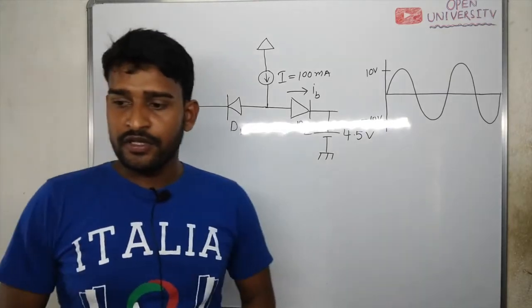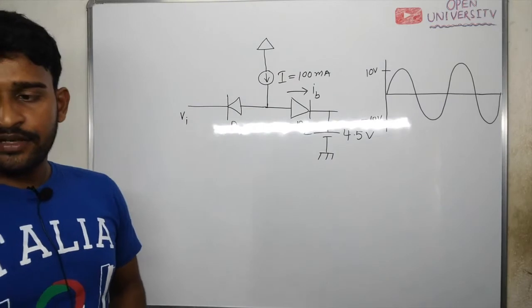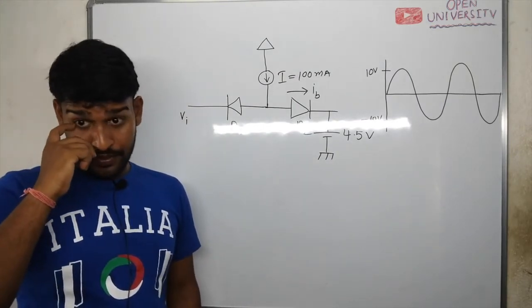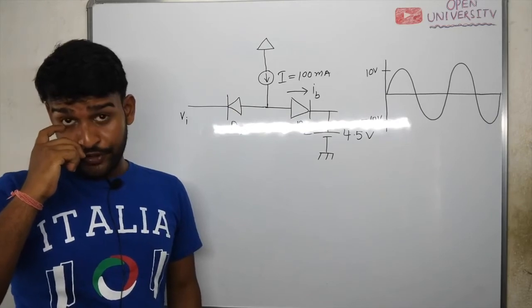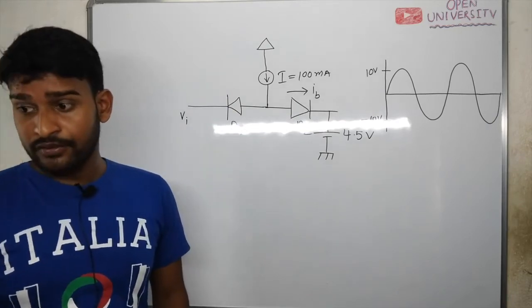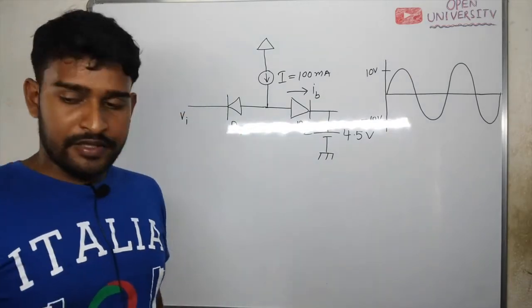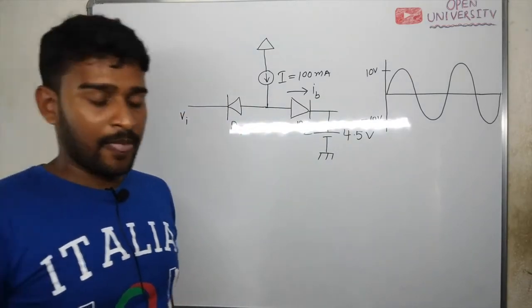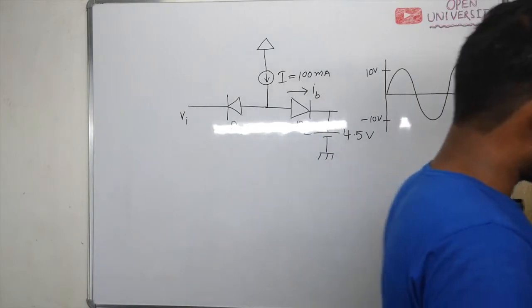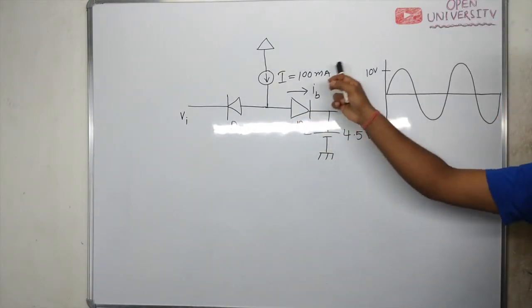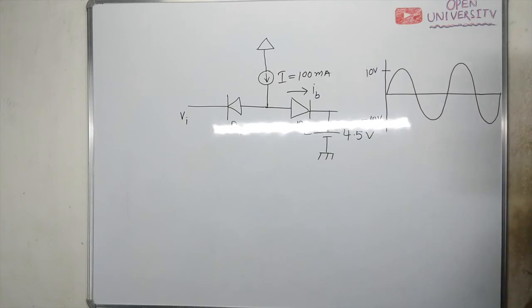Write down this point. To know average current through D2, we need to find out the instantaneous value of IB. After finding the instantaneous value, you can calculate the average value of this instantaneous current to get the average current through D2.